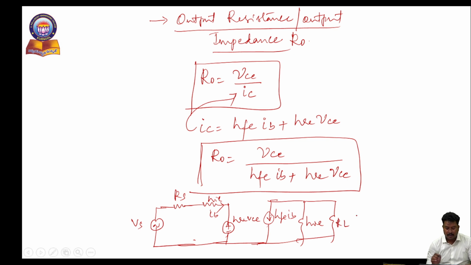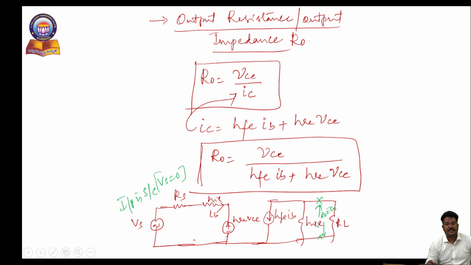If you want to find the output resistance of the amplifier, I have to apply one condition: the input must be short circuited, where V_s is equal to 0, and exclude R_L, where R_L is infinite.